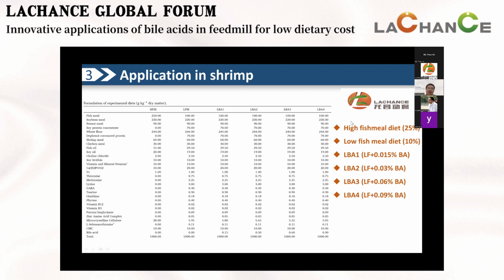In this experiment, we used the bile acids provided by a company. In the previous study, we used the CDC, but in this study, we used the commercial bile acids. It is a similar experiment, and we also have the high fish meal diet, low fish meal diet, and 4 supplementation levels of bile acids.